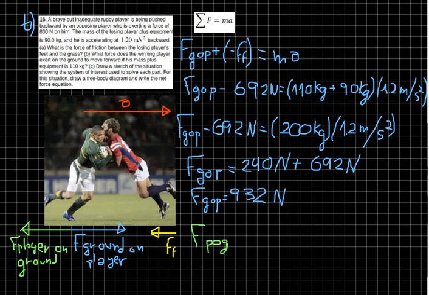So the force of the player on the ground is equal to minus 932 newtons. So here we have used Newton's second law of motion, and at the end we use Newton's third law of motion again.